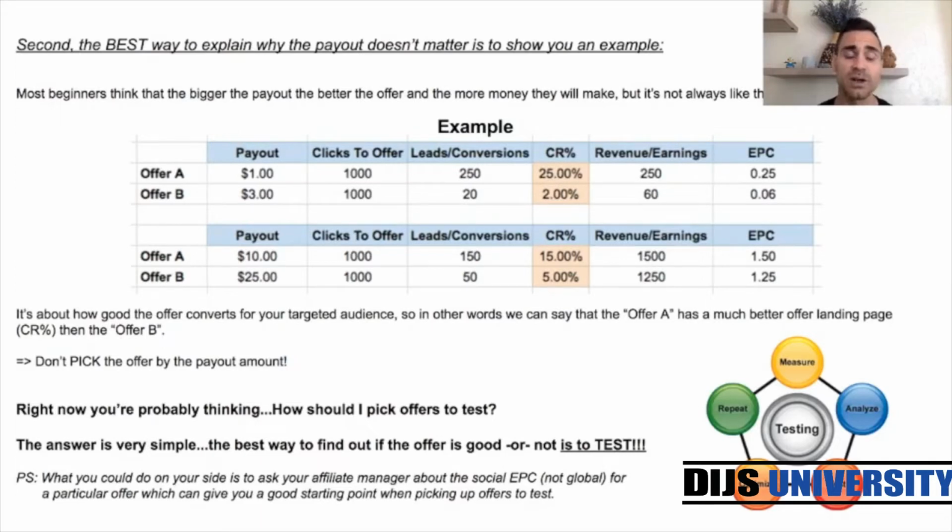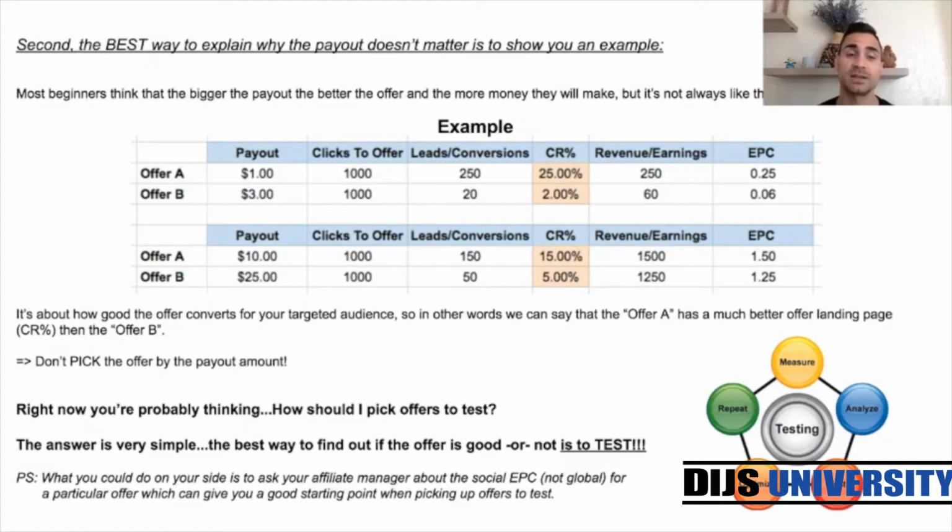So let's have a look. What are the results if you ran these offers? Let's assume that you get 1,000 clicks on the offer landing page, and you got 250 conversions for offer A and 20 for offer B, so the conversion rate is 25% for offer A and 2% for offer B. If you look at the earnings, you actually earn more on offer A than on offer B. So why is that?